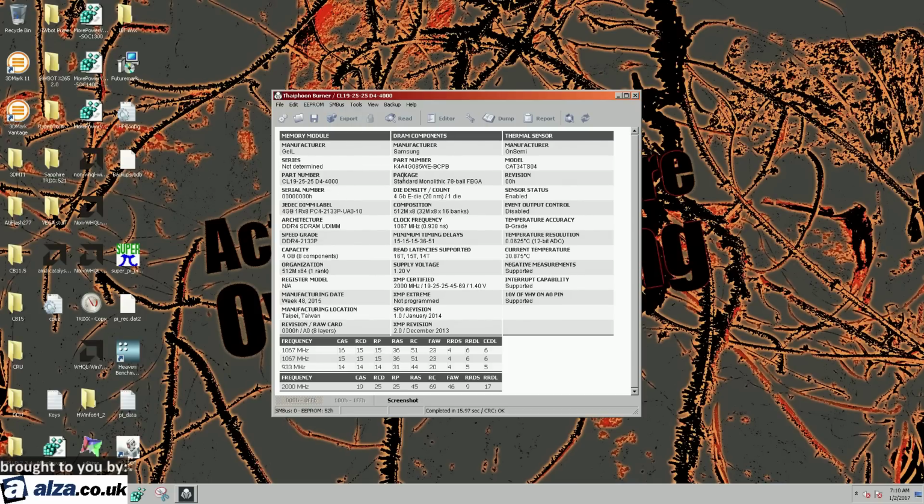What's important here is that you can check your DRAM components right here. First things first, your manufacturer. This is made by Samsung, and technically you can tell everything that's right here from the part number, but since the program does this for us, this is a 4 gigabit memory chip, E-die, from Samsung.